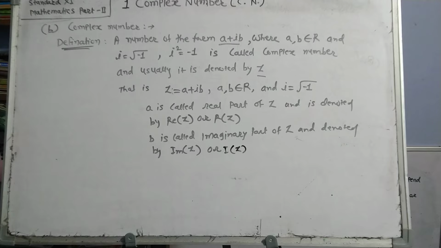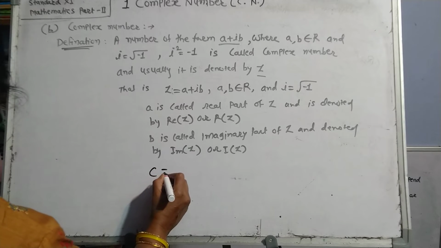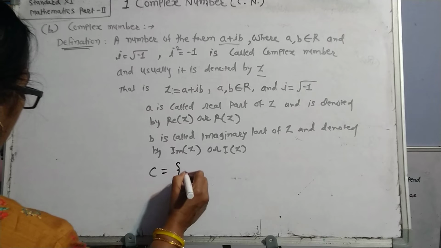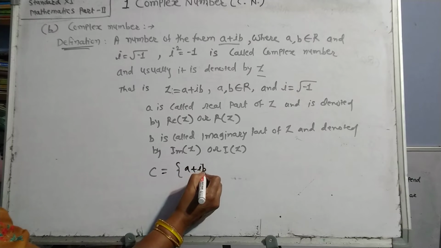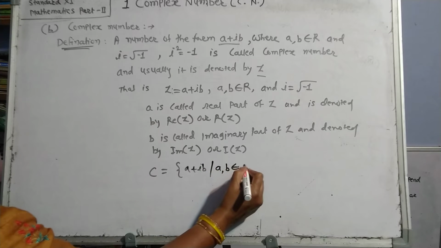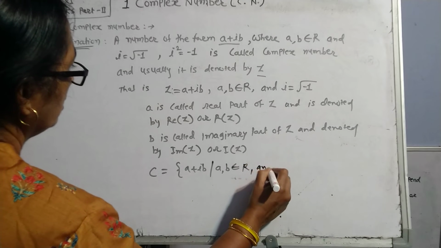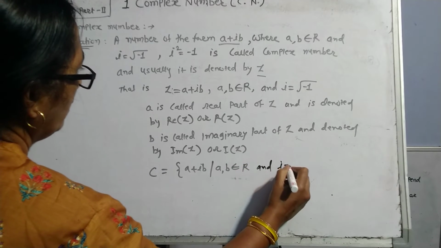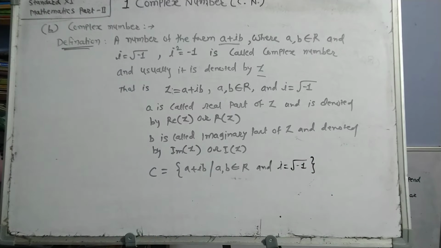The set of complex numbers is denoted by C. Therefore, set of complex numbers C equal to, in curly brackets, a plus ib, where a and b belong to the set of real numbers, and i equal to square root of -1.